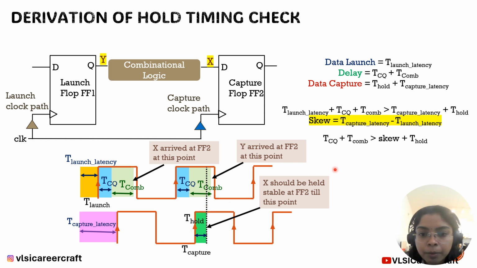That is nothing but T launch latency plus T clock to Q plus T combinational should be greater than T capture delay plus T hold. As we know, T capture latency minus T launch latency is nothing but skew. So the final equation is: T clock to Q plus T combinational delay should be greater than skew plus T hold.